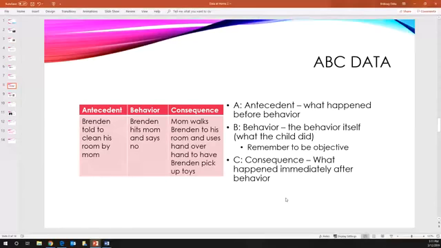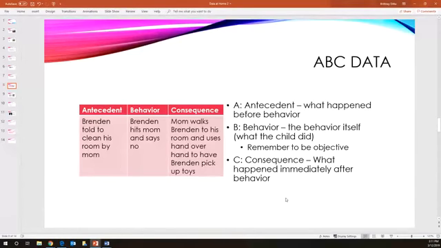So if you track along with my ABC data, I have Brendan was told to clean his room. Then he hit mom and said no. So mom walked Brendan to his room and used hand over hand to make him pick up toys. So the antecedent for this was me telling him to clean his room.